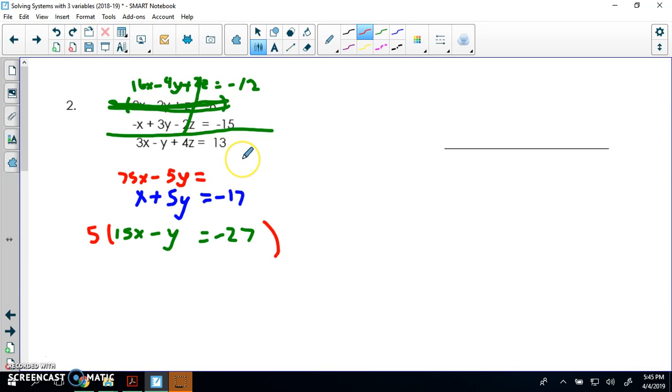Can I do this in my head? 5 times negative 27. 5 times 2 is 10. 5 times 7 is 35, so negative 135, I think. I'm doing my calculator here just to make sure. I would hate to do it wrong for you guys. 5 times 7. Yeah, negative 135.